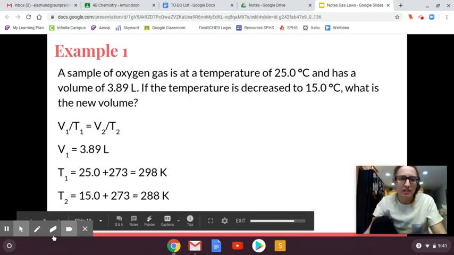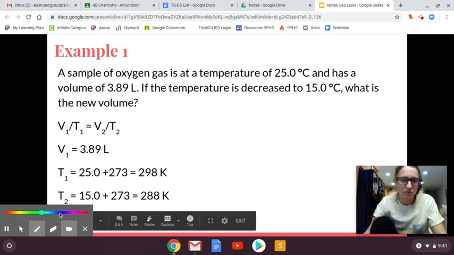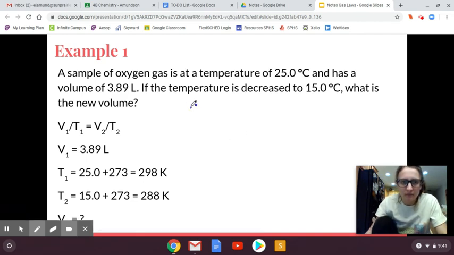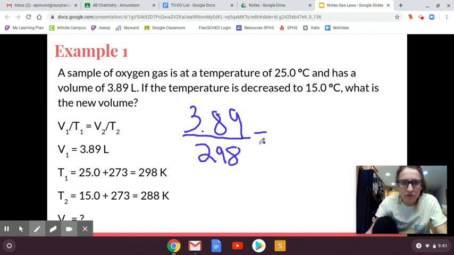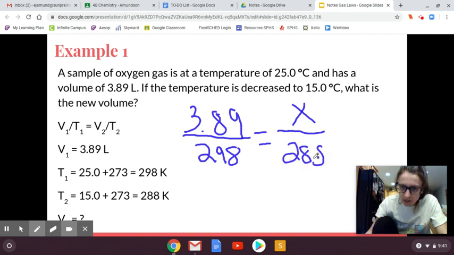So if we plug this in then, V1 is 3.89 liters divided by T1, which is 298 Kelvin. This is equal to V2, which is our unknown. So if you want to plug in X instead, just plug in X instead. Divided by T2, which is 288 Kelvin.